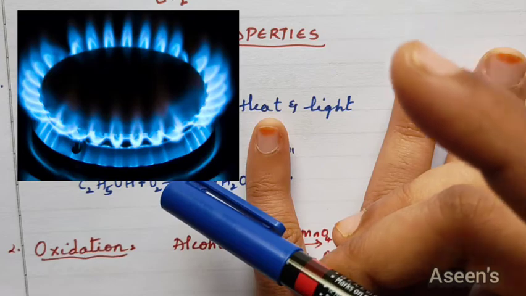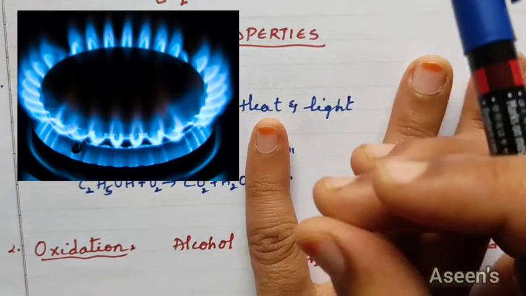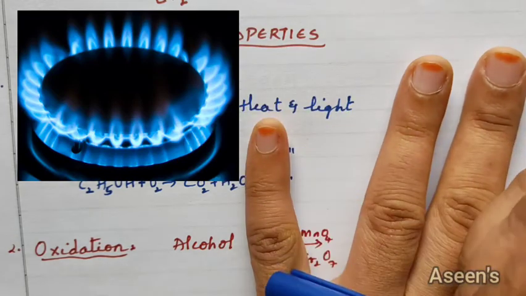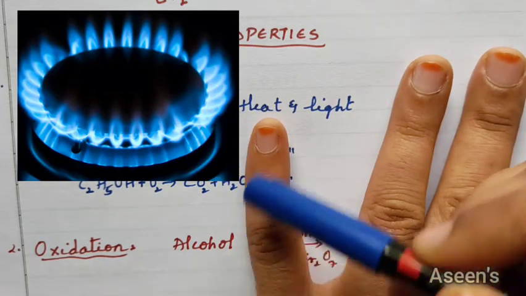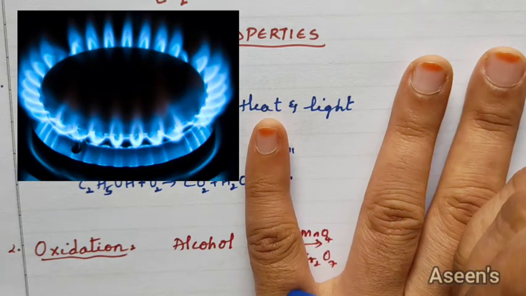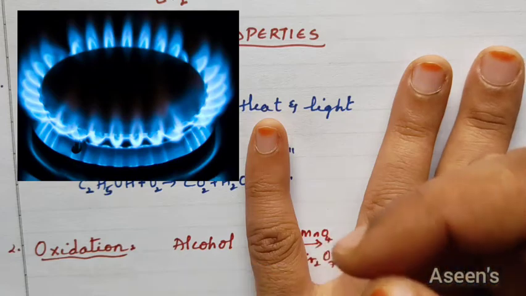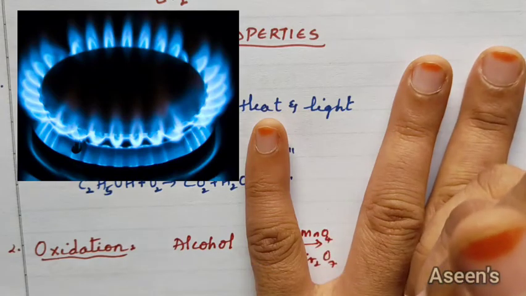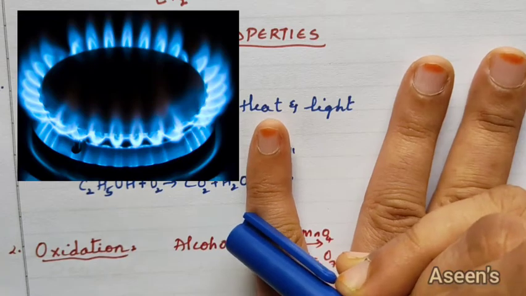A saturated hydrocarbon will combust completely. They'll burn every inch of it and won't cause any wastage or pollution. In such cases, you are going to get a bluish, non-sooty flame. Soot will not come. The black vapor which you get while burning won't appear in case of saturated hydrocarbons.